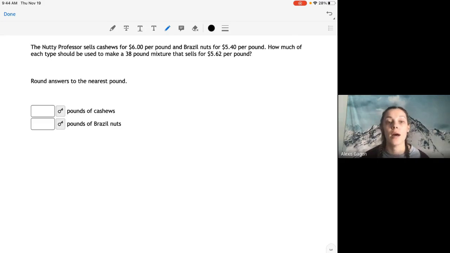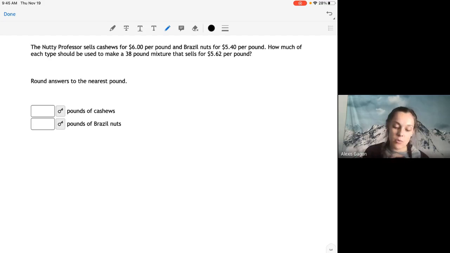And we want to know how many pounds of cashews and how many pounds of Brazil nuts should be used to make an 18-pound mixture that sells for $5.62 per pound. The setup on this one is probably the hardest part of it.